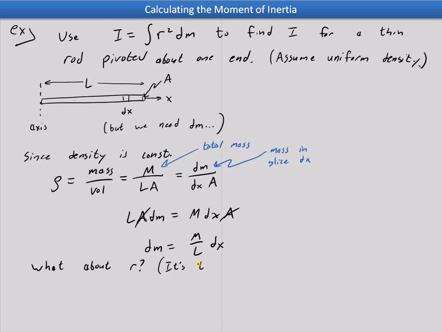So what variable or combination of variables represents the distance from the axis? In our case, that's x. So if we say x equals 0 over here at the axis, this little point is distance x away, and that's how far it is. This point is a different x value, and it's further. So we just replace x with r.